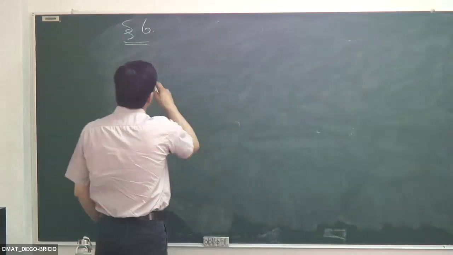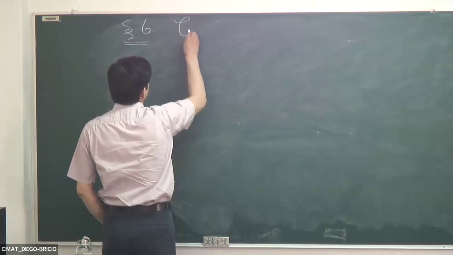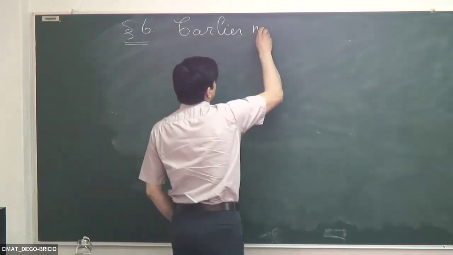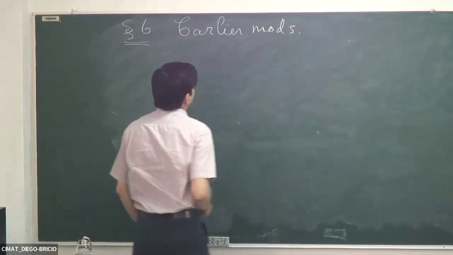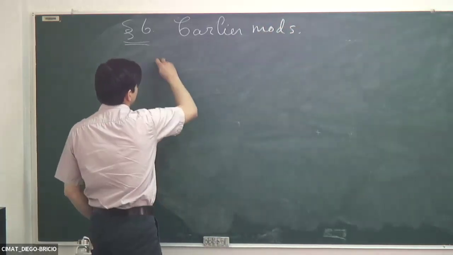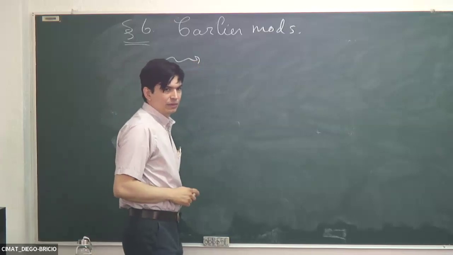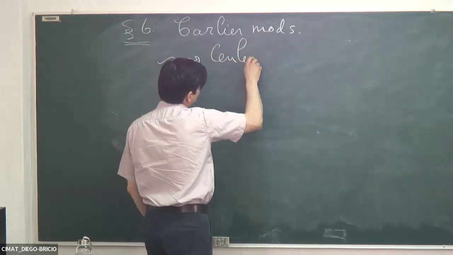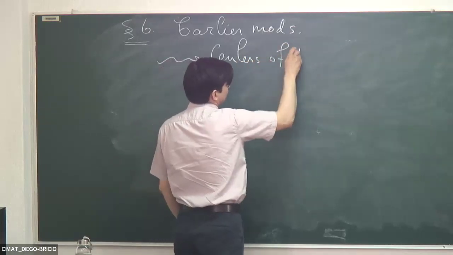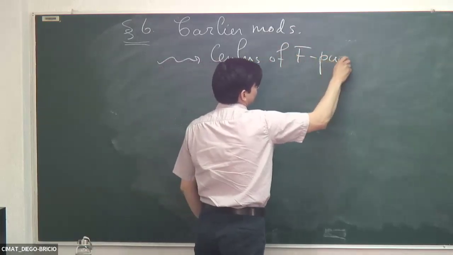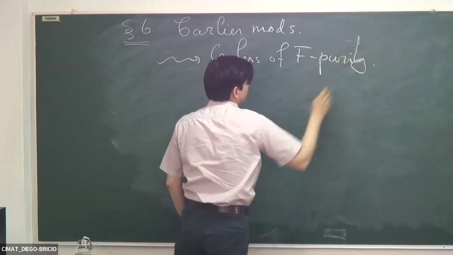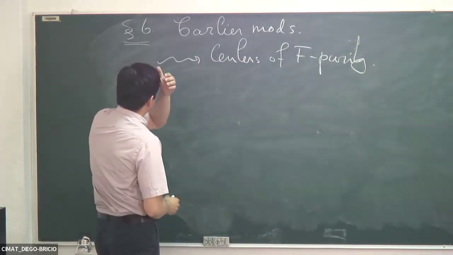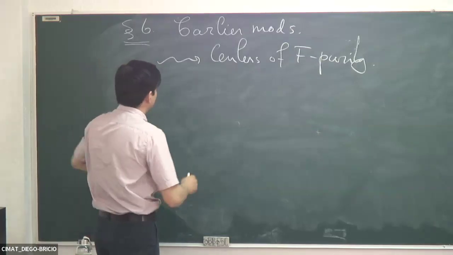So section 6 was about Cartier modules and a bit about centers of purity. So I guess this is the key way to understand regularity here.